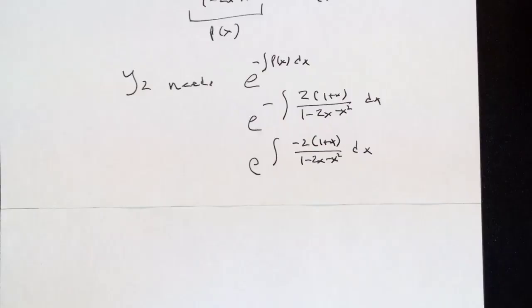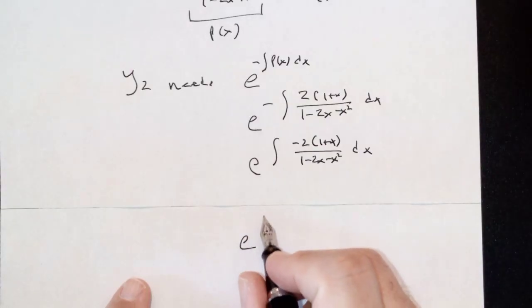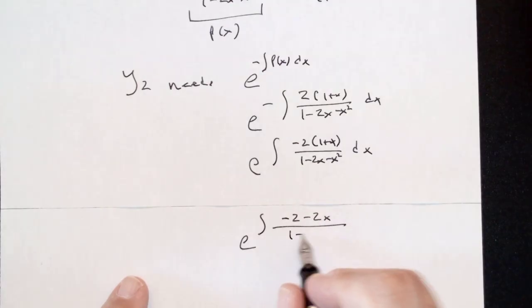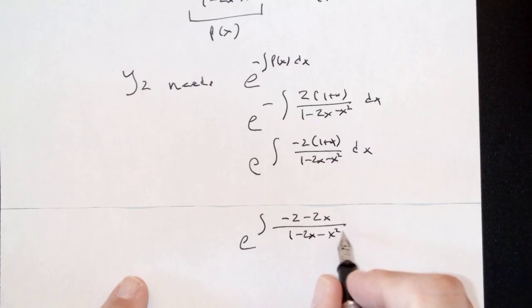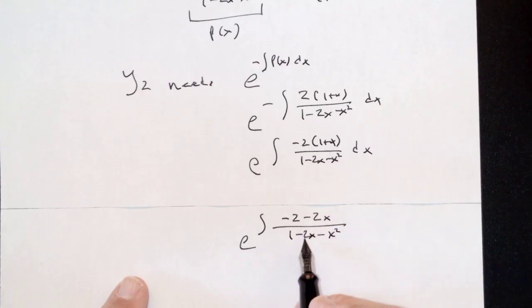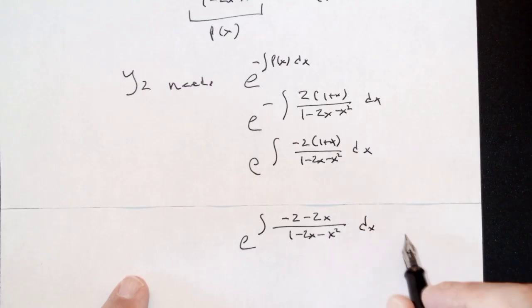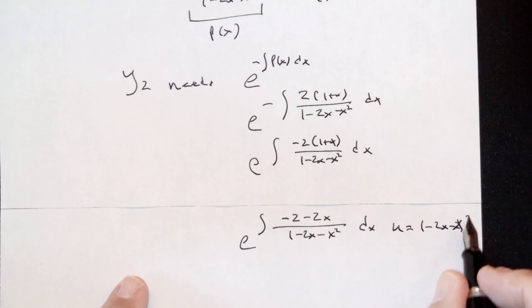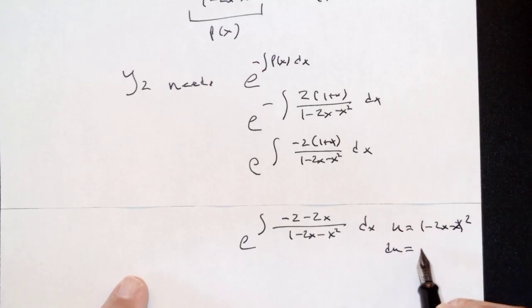Distribute or factor. Yeah, the derivative of this is minus 2x, isn't it? So if I do u is 1 minus 2x minus x squared, then du is negative 2 minus 2x, and that's exactly what we have on the top.